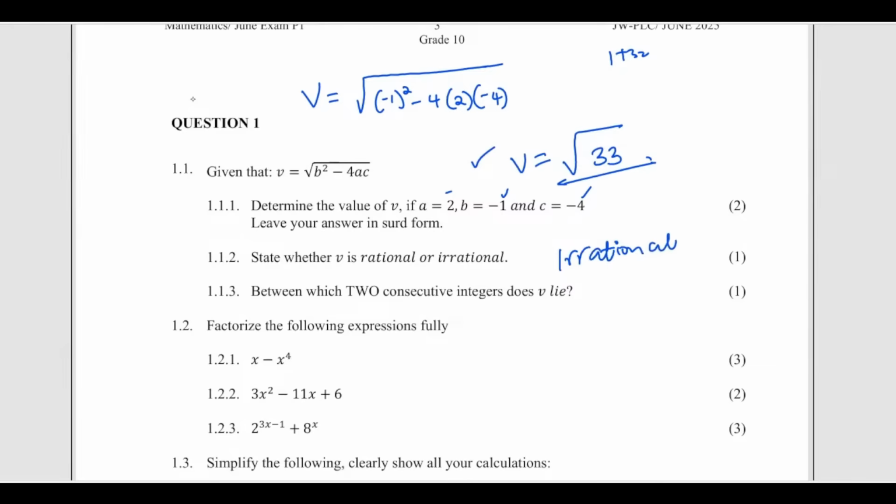Then between which two consecutive integers does V lie? For us to get the consecutive integers, we need to look for the perfect squares that appear before 33 and the one that appears after.